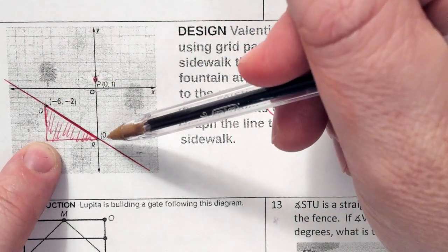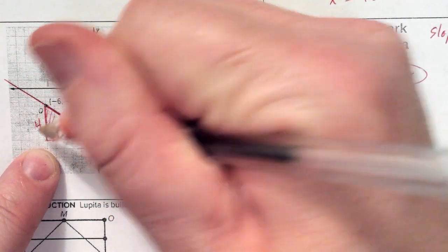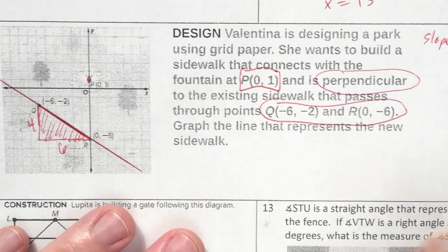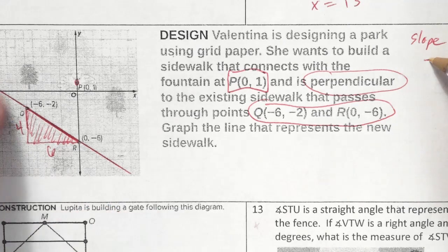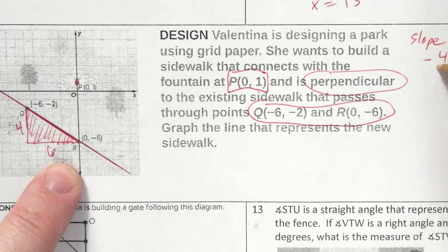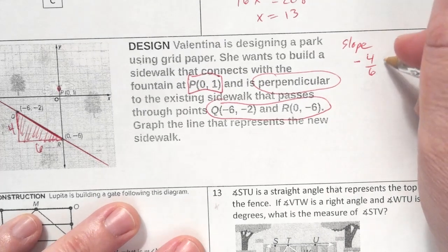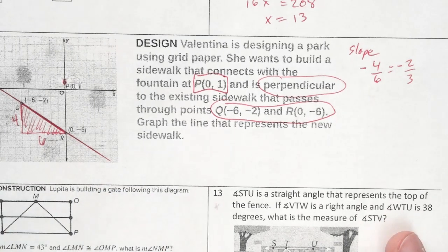That right there is 4 hops, and right here, that's 6 hops. Do we have a positive or negative slope? That's a negative slope. Our rise was 4, our run was 6. Is there a prettier way to write that? Yes, that is negative 2 over 3 because we took 2 out of top and bottom.